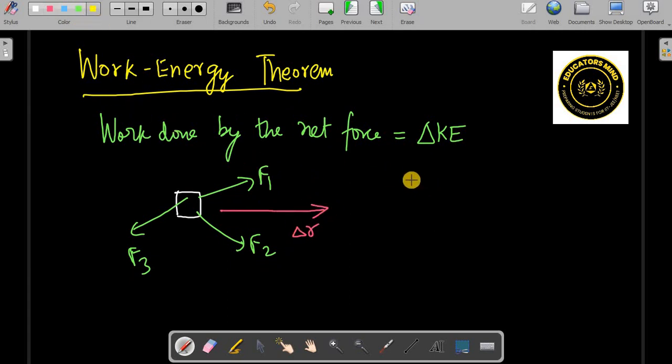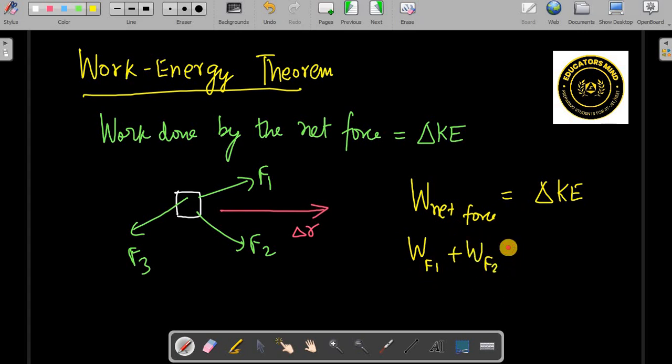So the work done by the net force is the change of kinetic energy. You may also split that as work done by the first force plus work done by the second force plus work done by the third force, and so on. This total work done is equal to the change of kinetic energy.